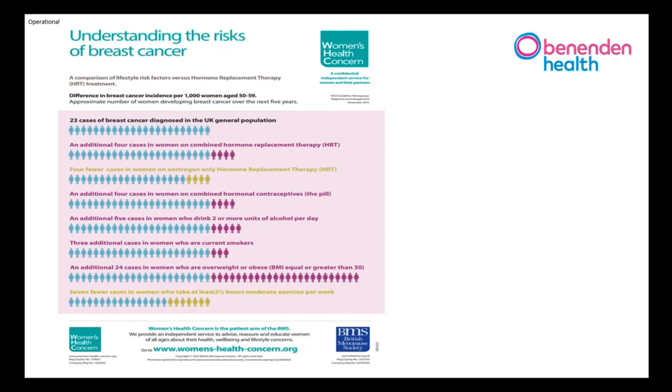There is some evidence that women with a family history of breast cancer who take HRT actually have a lower future risk of developing breast cancer compared to women not taking HRT. That means that women with a family history of breast cancer, including those with the BRCA gene, can usually take HRT safely.